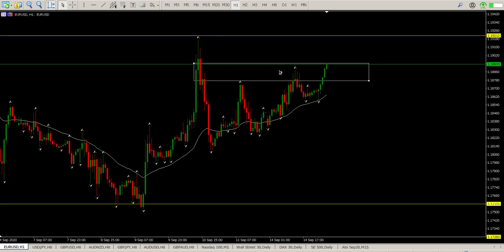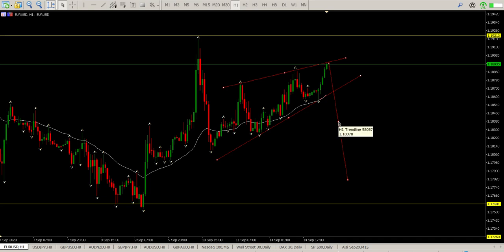Okay, we could also see this as a wedge forming inside a range, which is another reason why I don't like trading ranges, because if you look at that, that does look like a wedge setup, and obviously we need to break the wedge, but this would probably target the bottom of the range if it were to break down. Okay, so let's delete those.